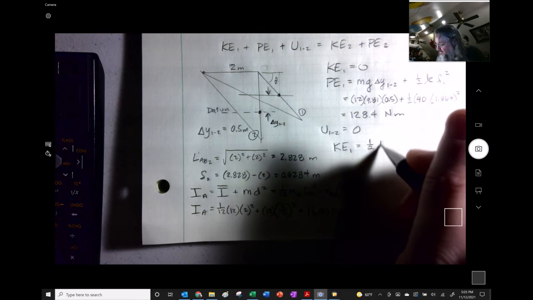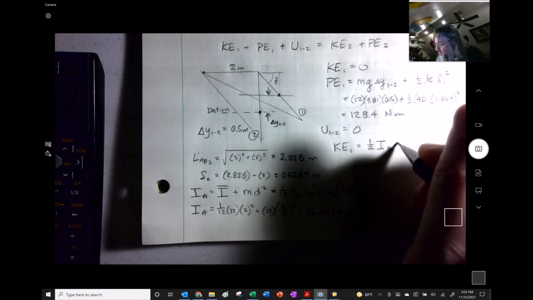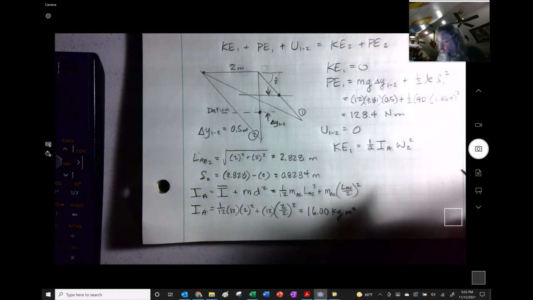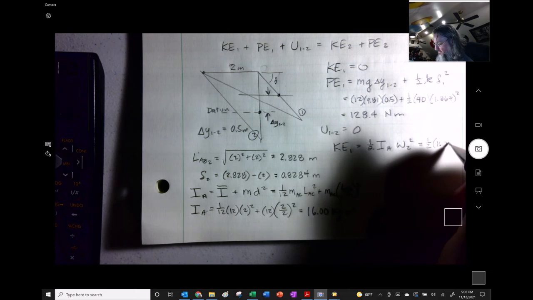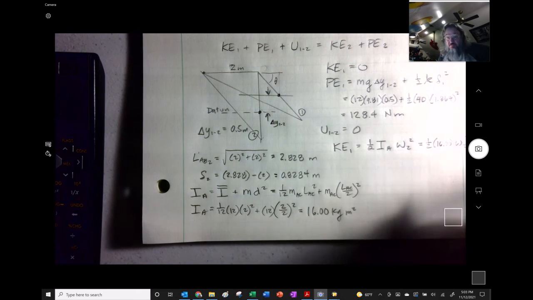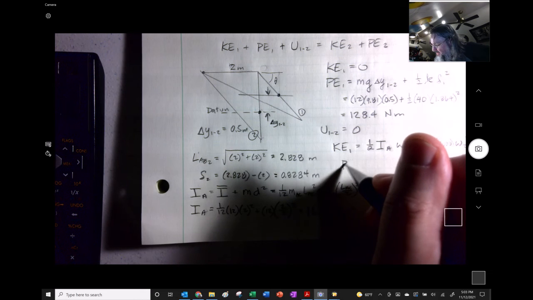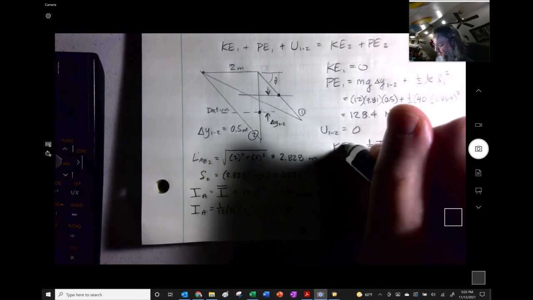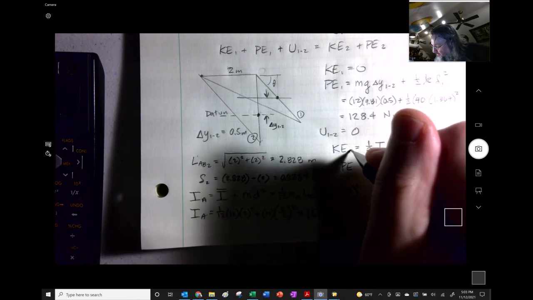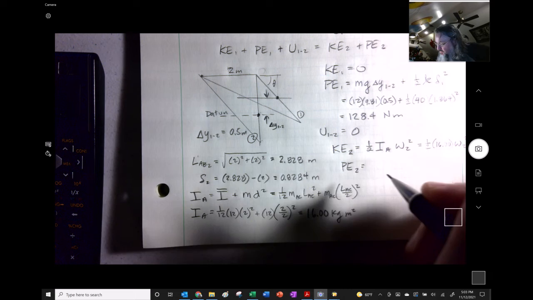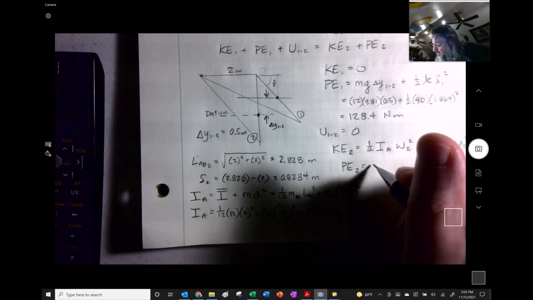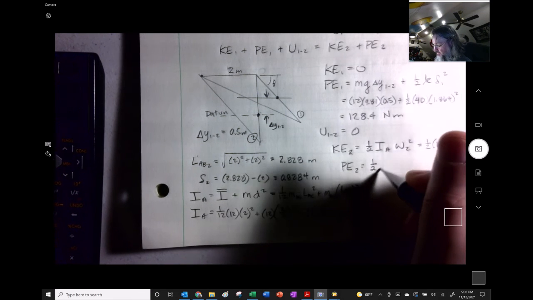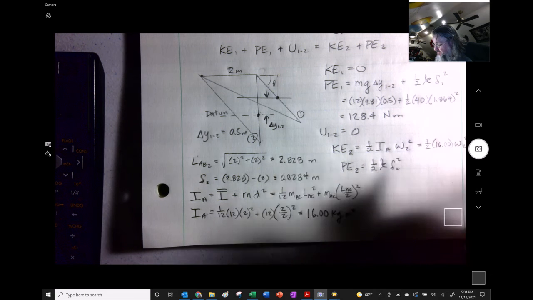We go 1/2 IA omega 2 squared, or just 1/2 times 16 omega 2 squared. And then PE, and I just wrote KE1. Why did you do that? KE, okay. And then PE2. The gravity is at its datum at state 2, but the spring still has a deformation.